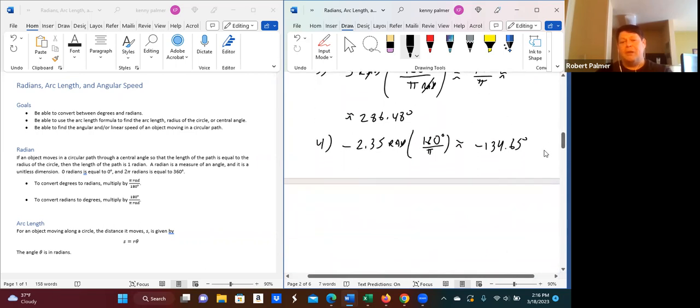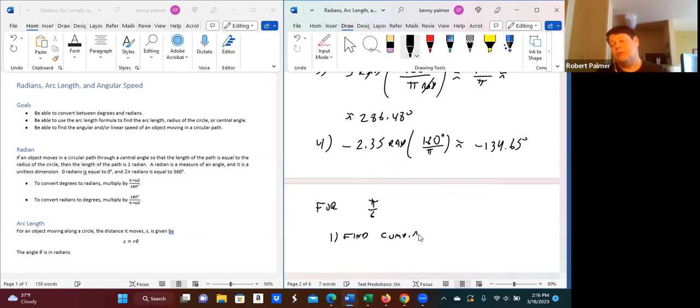Okay, now let's also think about the other understanding of angles we learned before. Let's find coterminal angles and supplementary angles. So let's do pi over 6. Number 1: find the complementary angle.